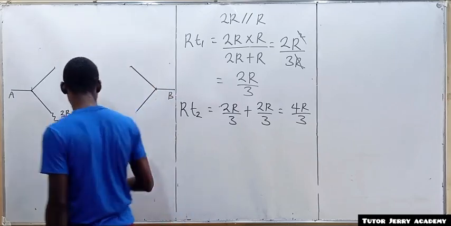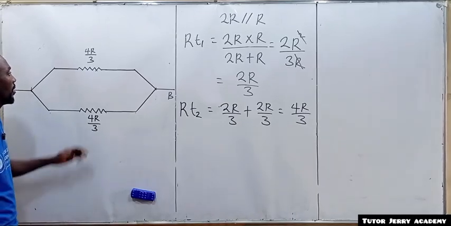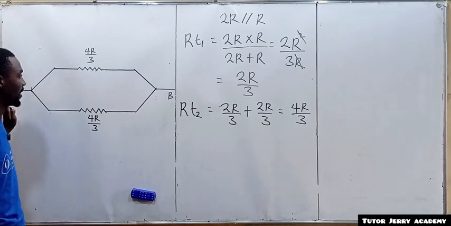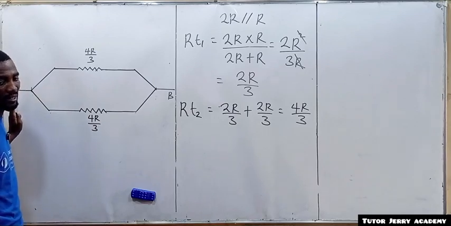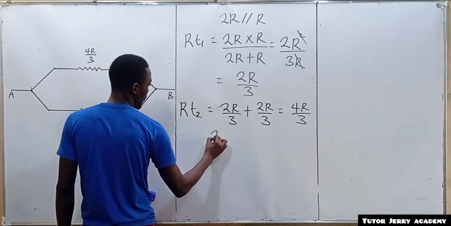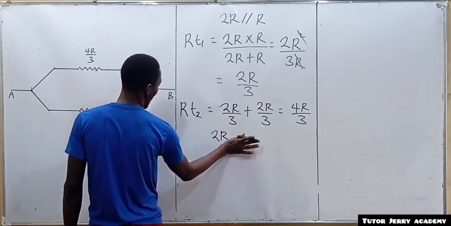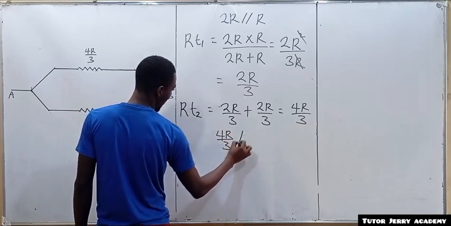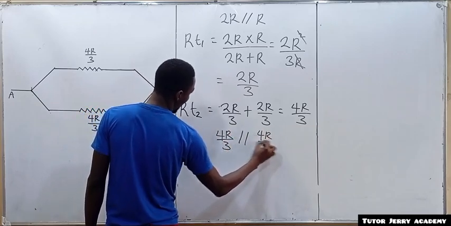You can see that the two resistors are now in parallel. So we can therefore find the equivalent resistance between terminal A and terminal B. All right. So 4R all over 3 is parallel to 4R all over 3.